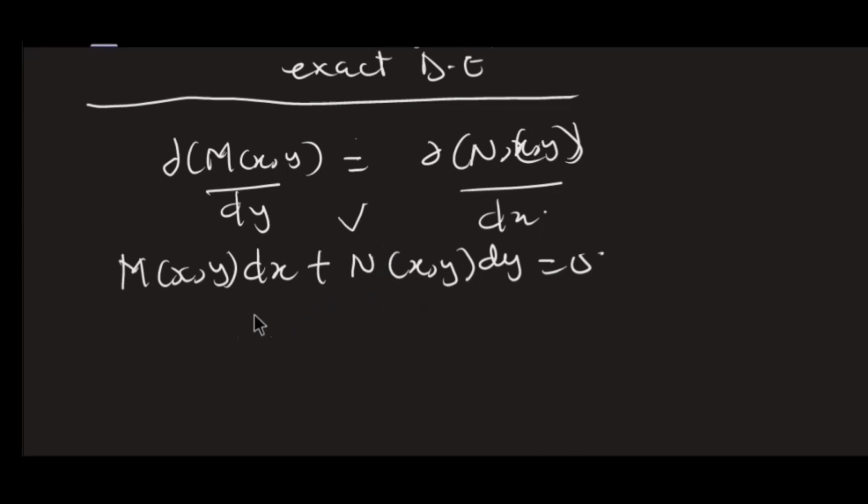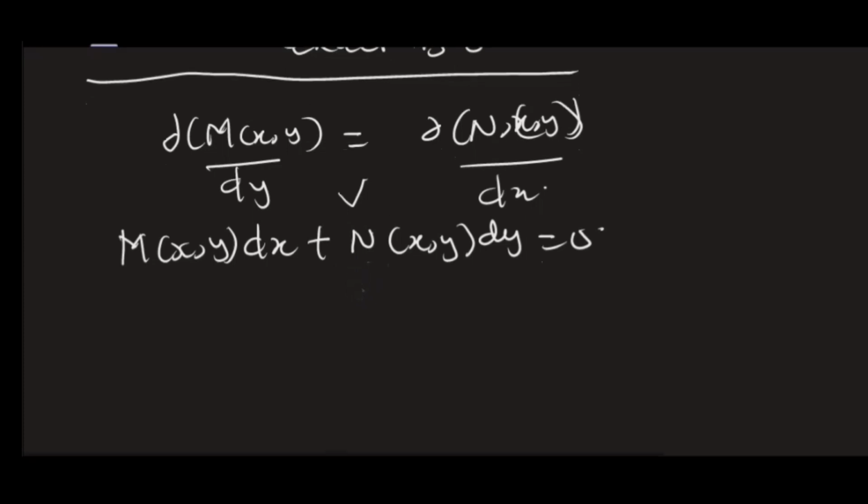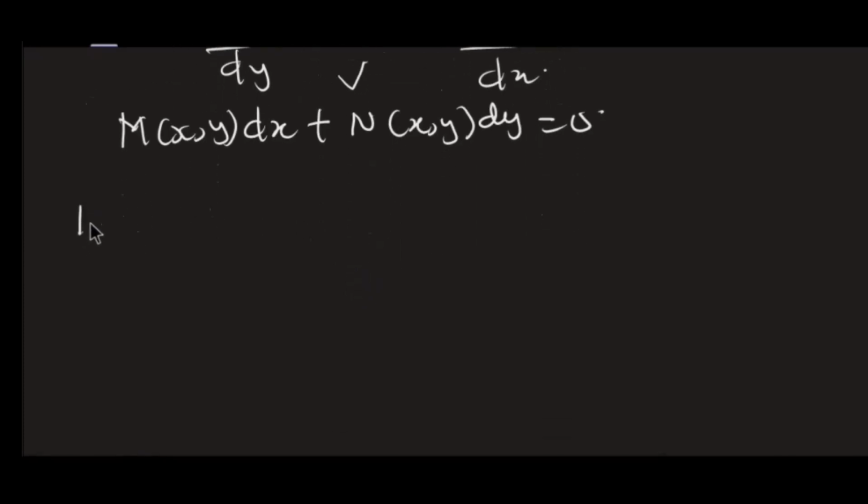So in this video, our interest is to identify some non-exact differential equation and convert it to exact differential equation. Let me take the first example. I have y prime is equal to 2xy minus x. This equation here, we can't straight away say it's exact because it is not in the exact standard form.